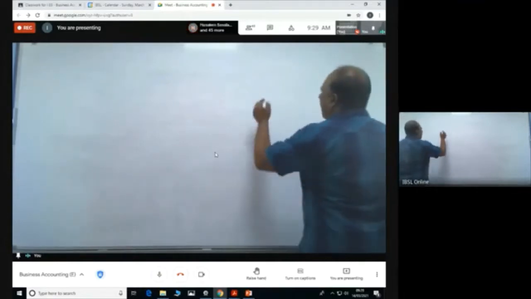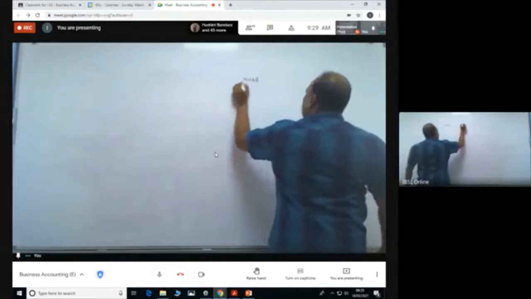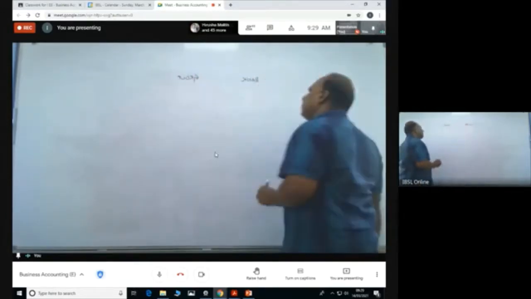Both of them had this bank and then group. There was a column to indicate the bank and there was a column to indicate the group. So what do you mean by these two?